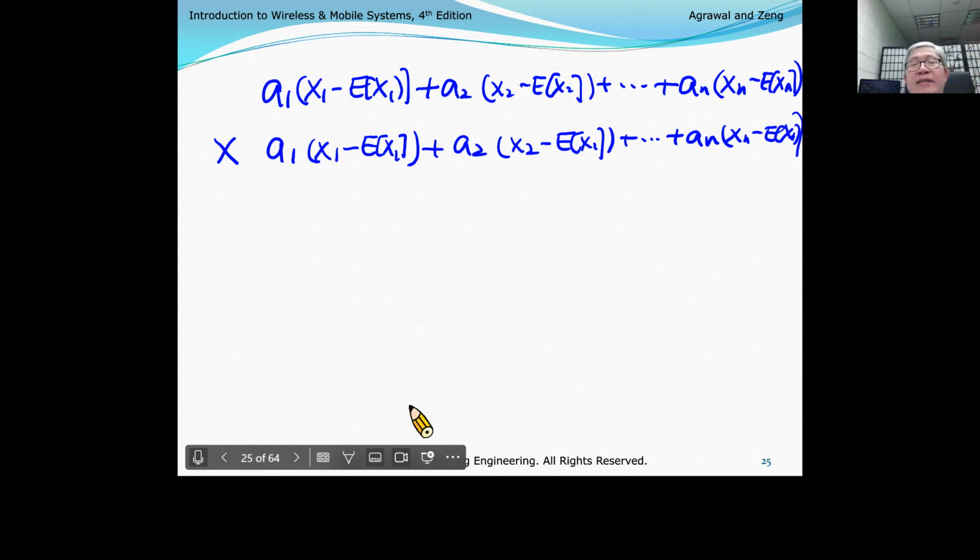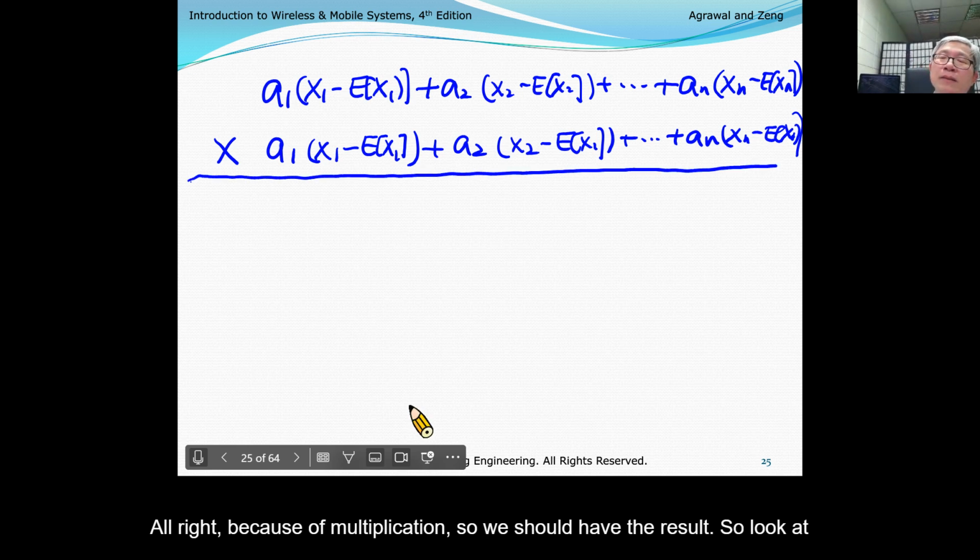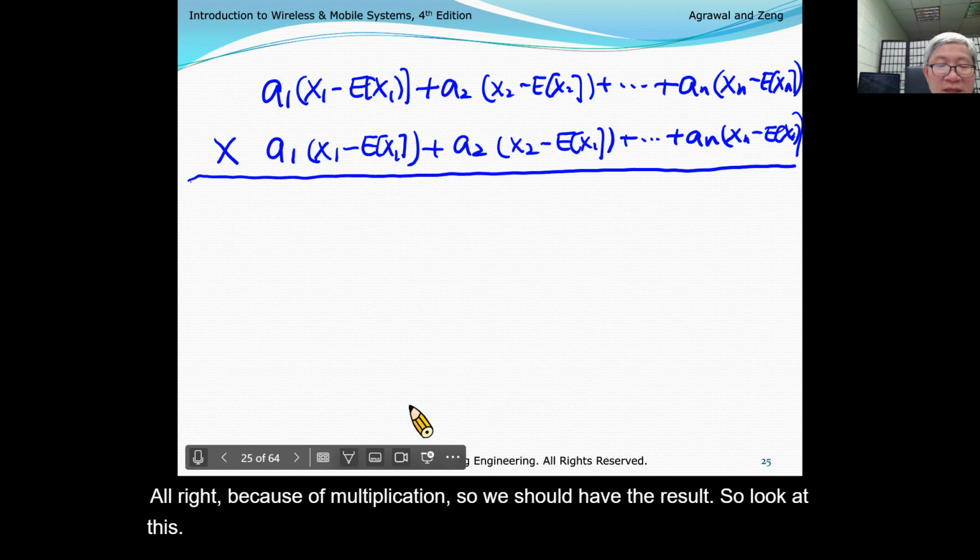Alright, because of multiplication, we should have the result. So look at this. So we have the result.